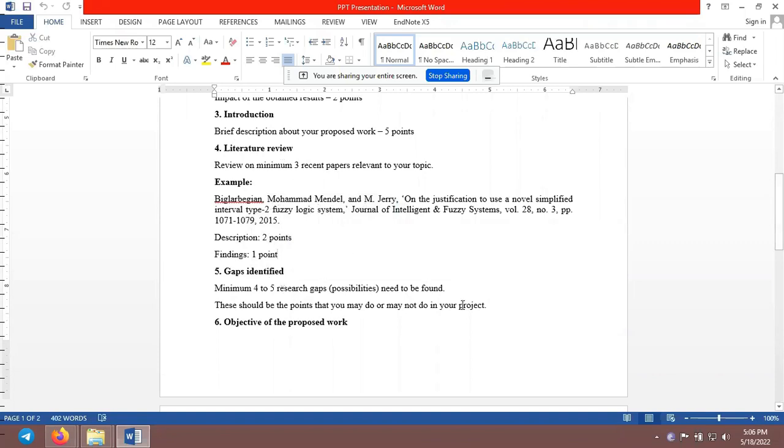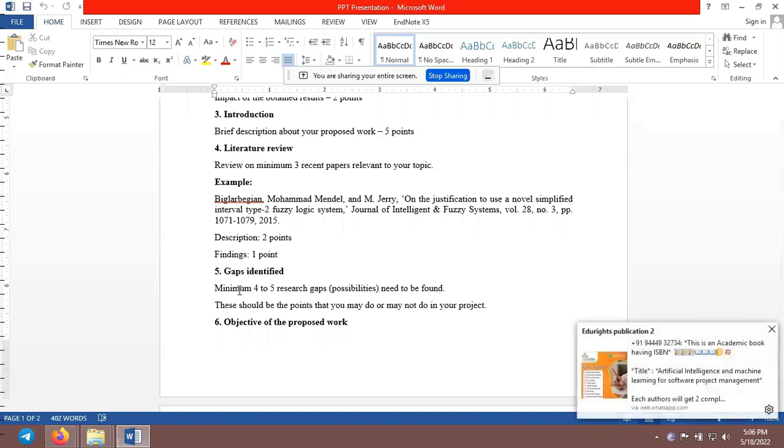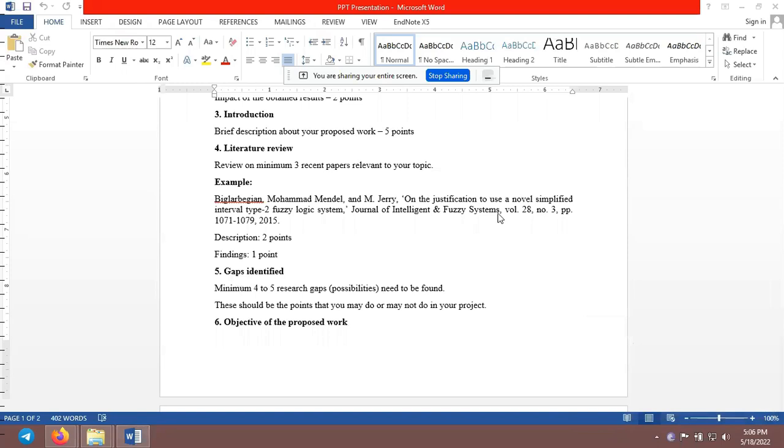Next one is gap identified. What it means is, what are the possibilities available for performing project work or research work in that particular domain should be given here, a minimum of 4 to 5 points. How can you find out?